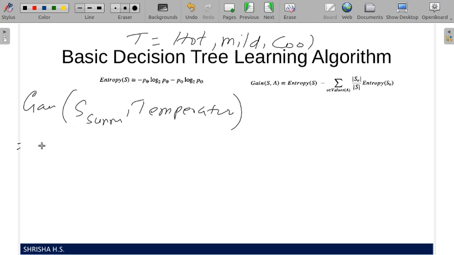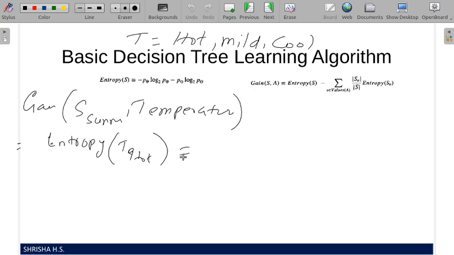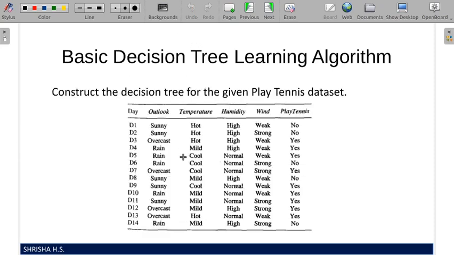First we have to calculate entropy where temperature equal to hot, and outlook equal to sunny. So outlook equal to sunny, temperature equal to hot.